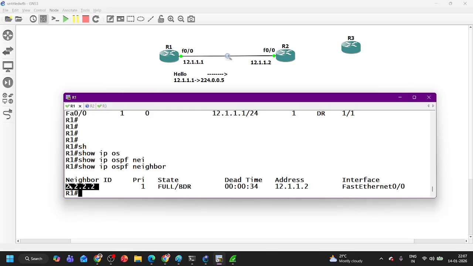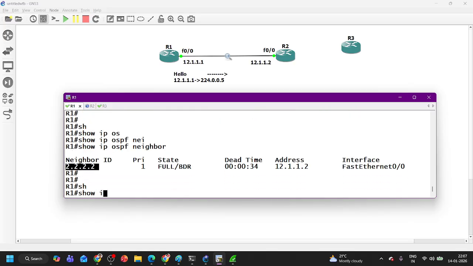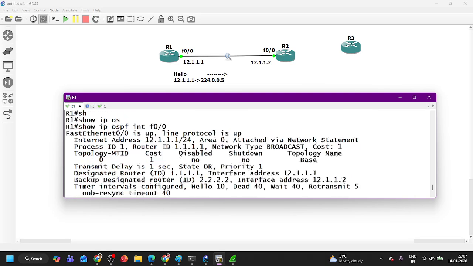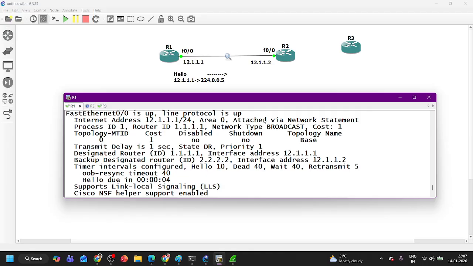It means 1.1.1.1 is my DR. So show IP OSPF interface F0/0. Here you can see this router's state is DR, priority is 1, state is DR.